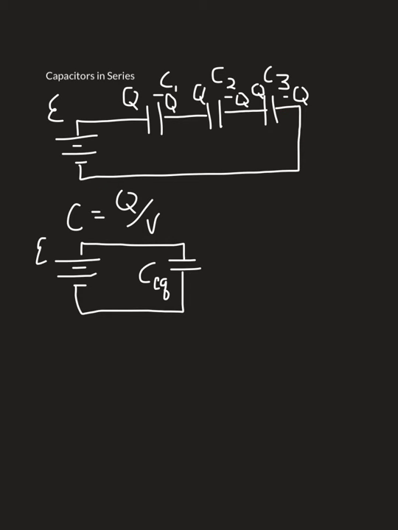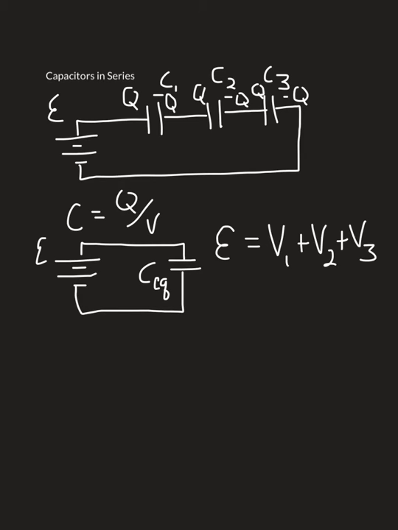So what I know is that the total battery EMF has to be equal to the sum of the voltage drops across all of the capacitors. So that as a charge traverses around this circuit, the amount of voltage it gains going across the battery is equal to the total amount of voltage that it loses as it completes the circuit.